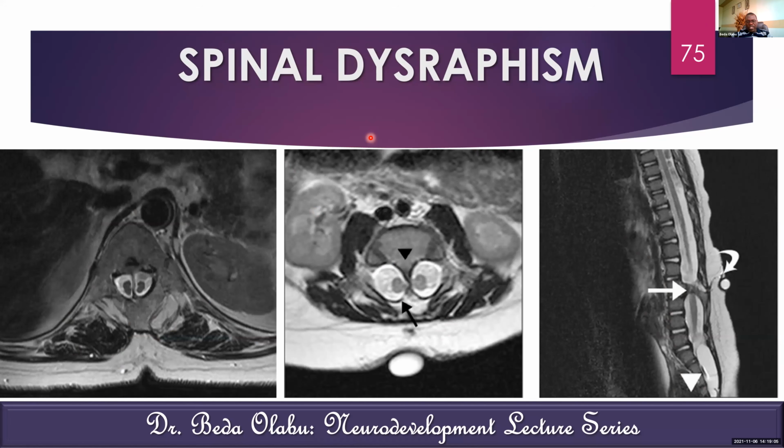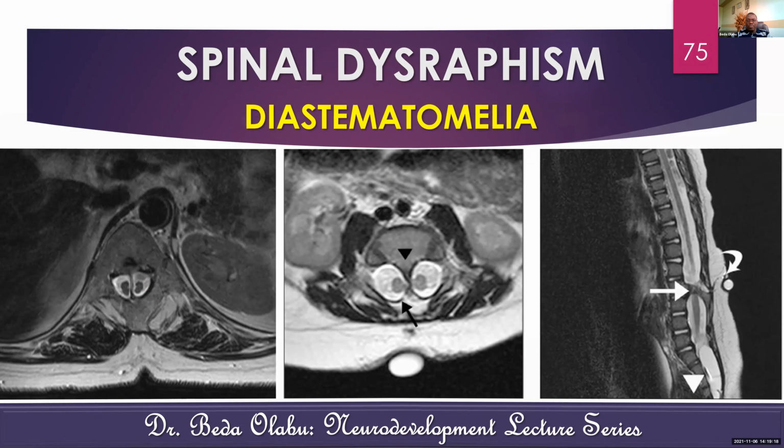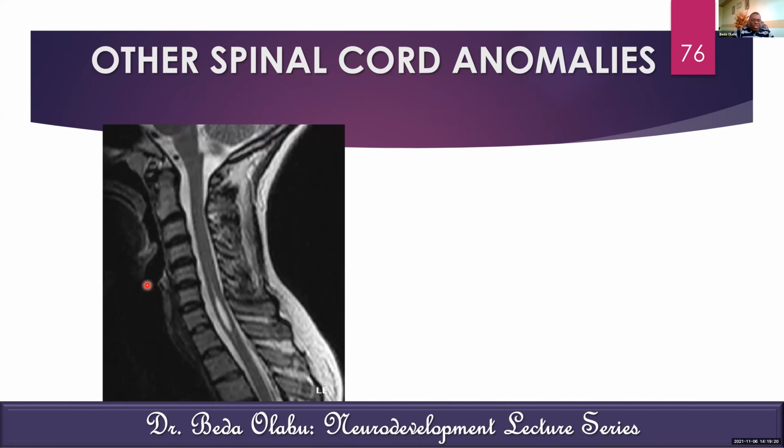Other forms of spinal dysraphism may just involve splitting of the spinal cord into two, like what we see here. And that is what we call diastematomyelia, split spinal cord. Other malformations that can be more common as well include this one. So this is an MRI image of the cervical spine so that we are able to see the spinal cord.